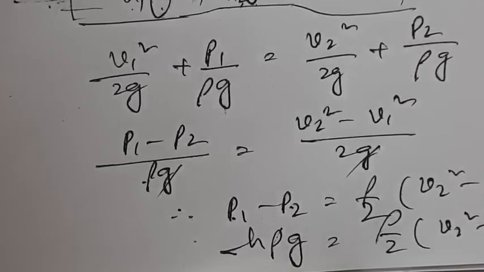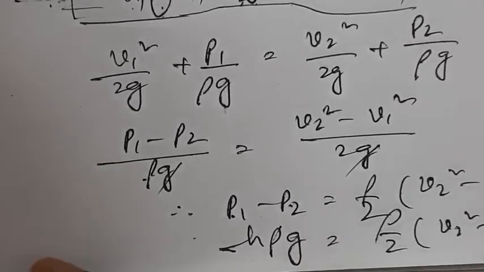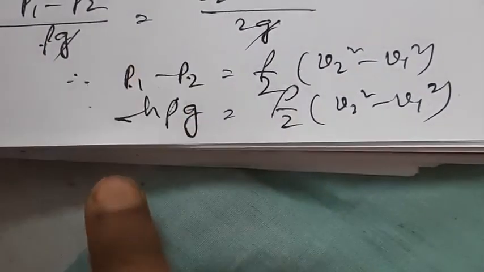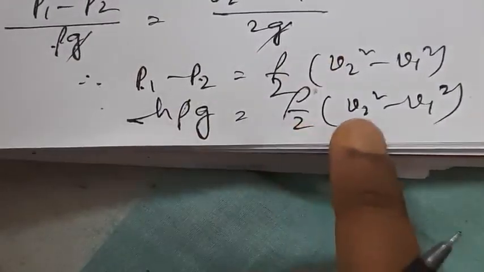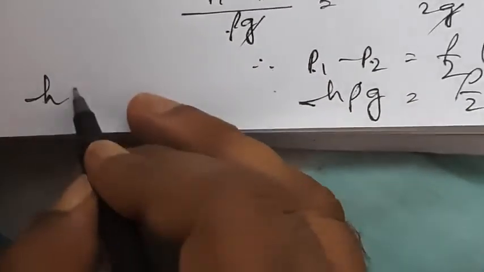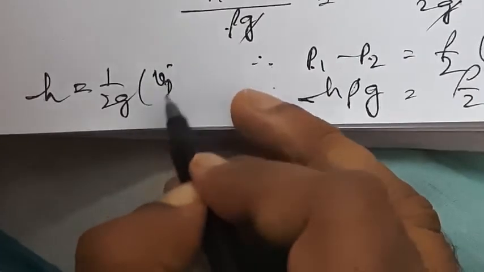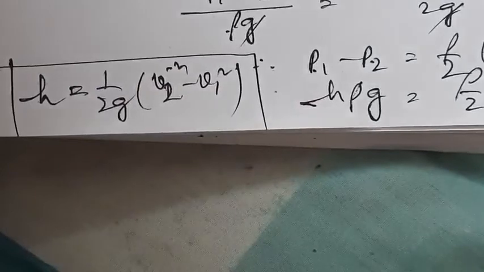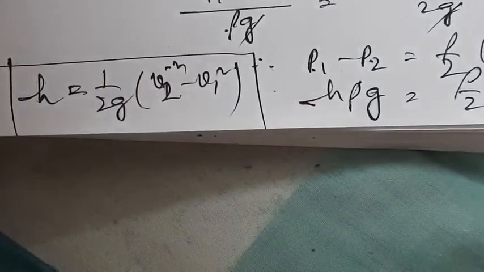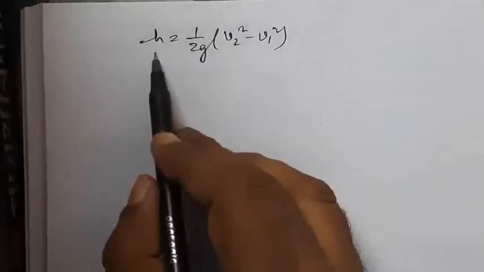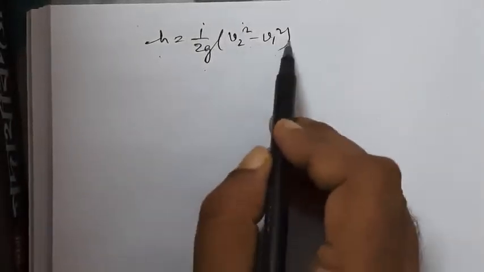So here rho gets eliminated, and we can write the value of h as 1 by 2g times (V2 square minus V1 square). So h comes out to be 1 by 2g times (V2 square minus V1 square).